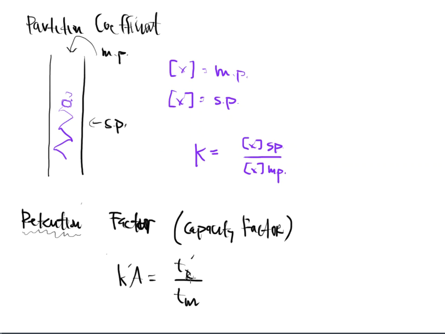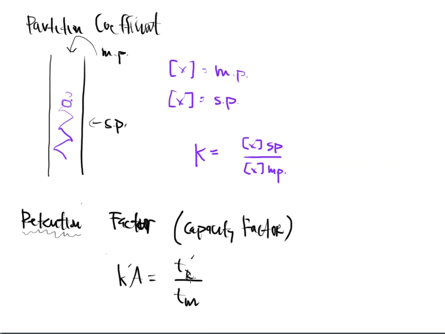So this is just another way to describe the migration rate. That's all that this basically is telling us. So this equation, the reason I'm following it up from partition coefficient, is because this equation is derived from the partition coefficient from up above.